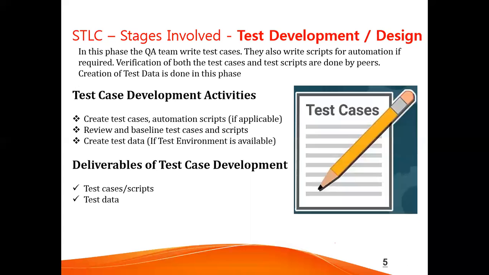That is the negative scenario. For the positive scenario, I will put just first name as Santosh and last name as Kumar. In this way, we will create the test data for positive and negative scenarios, and we need to test accordingly. That is how we work in this phase.